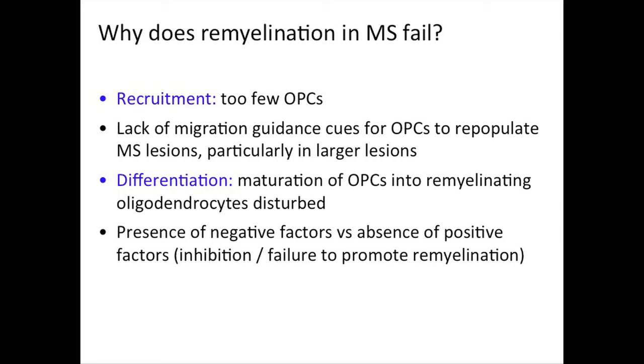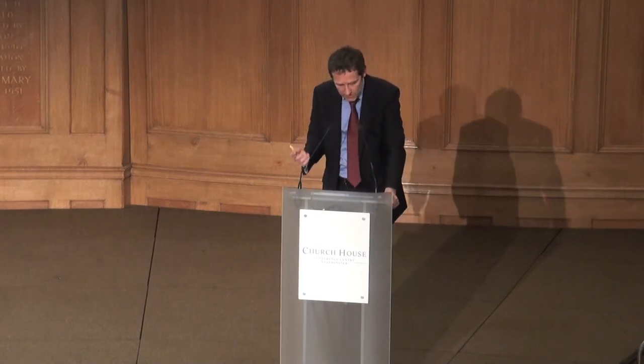For example, there's a group of signaling molecules called the semaphorins that are important here. Or the differentiation, the maturation of oligodendrocyte precursor cells, is disturbed.